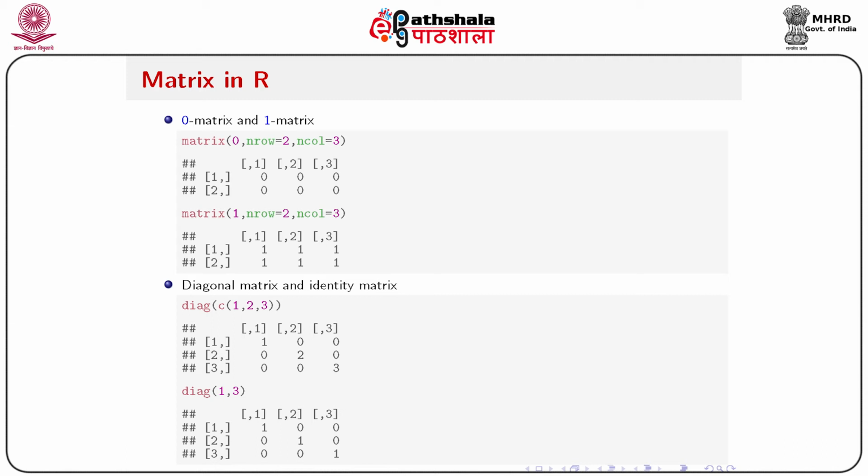That is, the first is the diagonal elements, and the second argument, 3, is the order of the matrix. So if you write diag(1, 3), it will create a diagonal matrix of 3 by 3 order, where the diagonal elements are all 1. That way you can create the identity matrix.